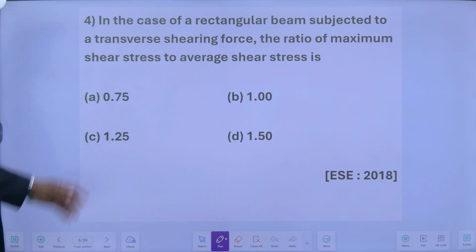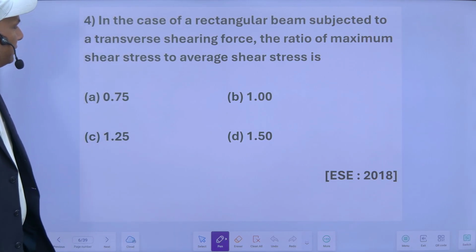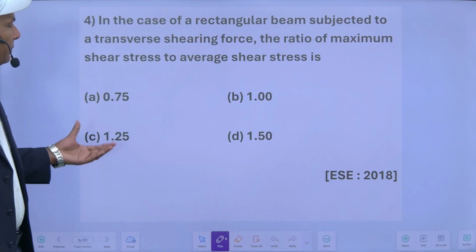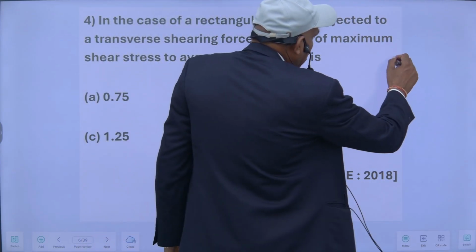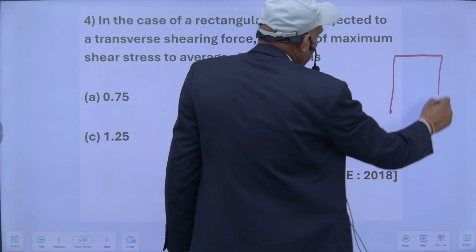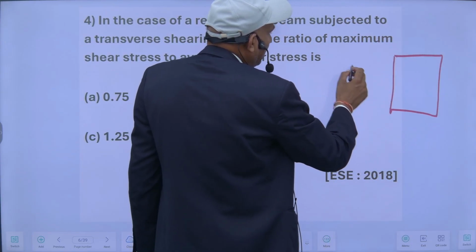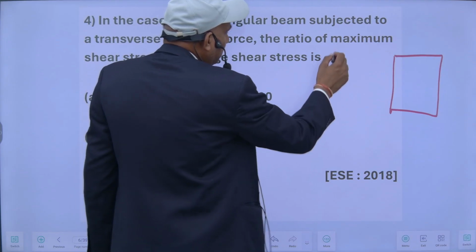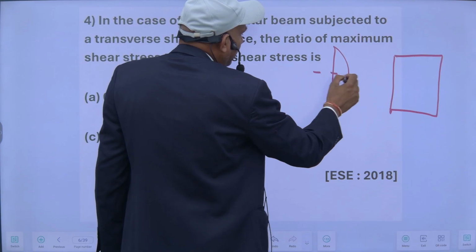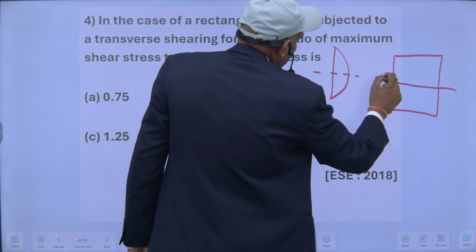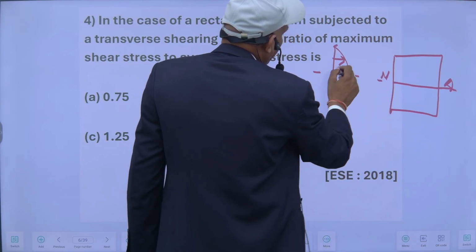In the case of a rectangular beam subjected to a transverse shearing force, the ratio of the maximum shear stress to average shear stress is 1.5. As I have explained in my lecture, in case of rectangular section, the stress distribution will be like this. It will be maximum at the neutral axis, and on the top it is 0.